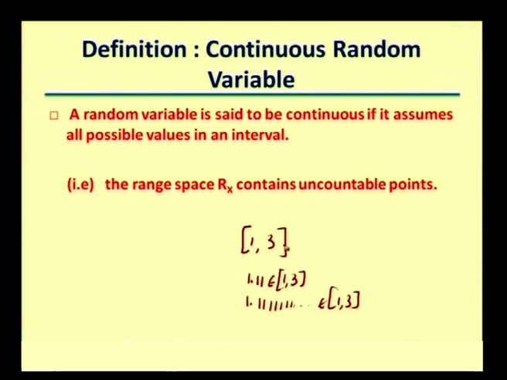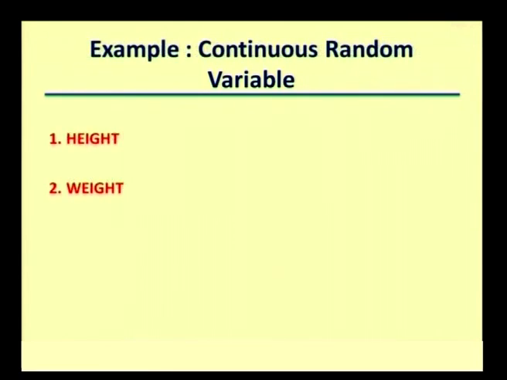If the random variable assumes such type of numbers, then it is called continuous random variable. Okay. So a random variable is said to be continuous if it assumes all the possible values, like 1.11111, up to infinity, then also it belongs to the interval. So all the possible values in an interval, then it is called continuous random variable. Example of continuous random variable is exactly measure the height.